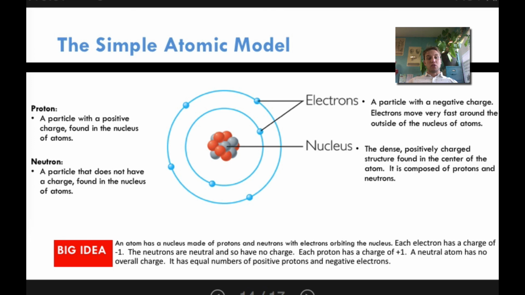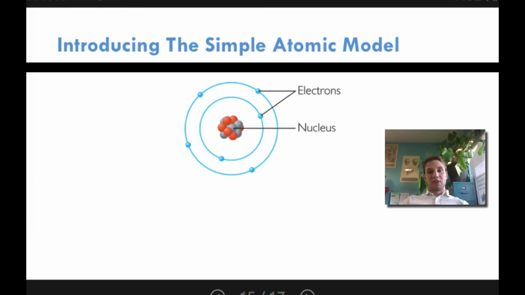The neutrons are neutral, they have no charge, and the protons have a charge of +1. And most atoms are neutral. We'll talk about an ion, which is an atom that is not neutral, but most atoms are neutral. They have no overall charge, which means that the number of protons is equal to the number of electrons. Groovy.